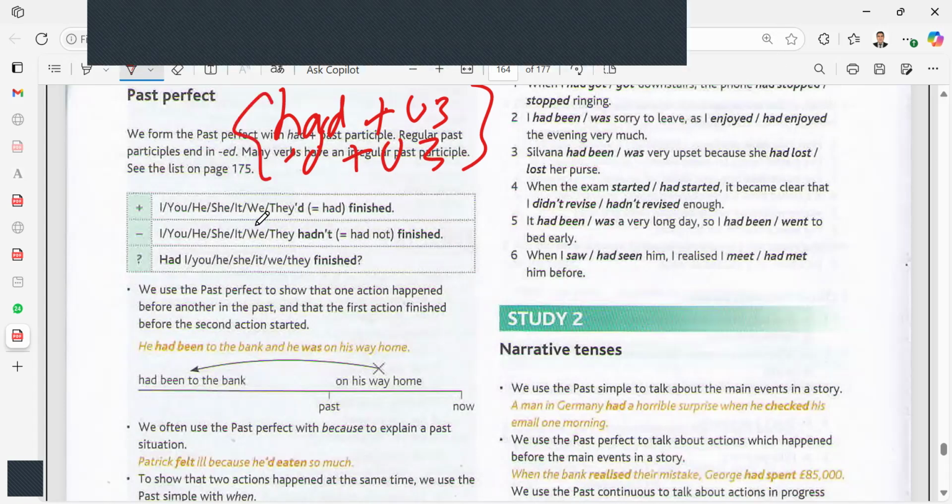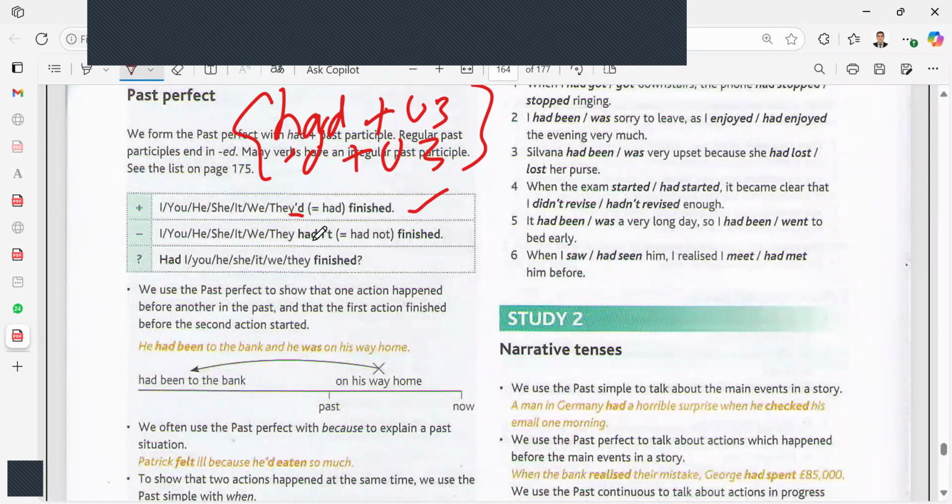Okay? For the positive, just write he, you, she, it, we, they. All the pronouns, singular or plural, use had, or you can use the apostrophe d, as you see. Finished.